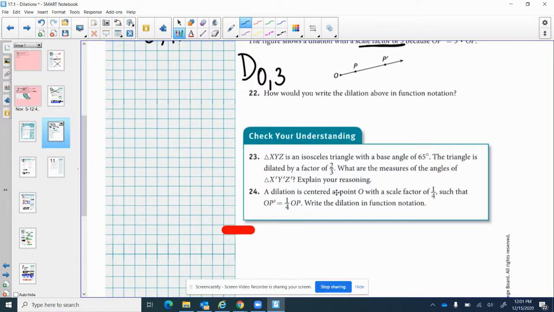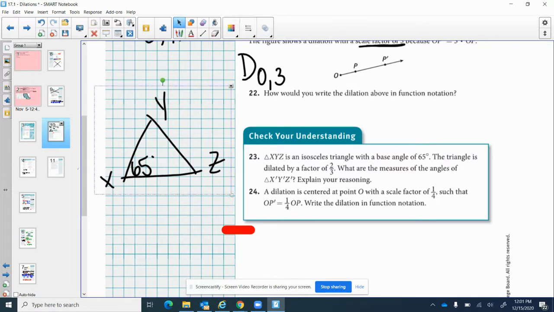So in 23, something that they're talking about with number 23 is an isosceles triangle named XYZ. And they said that the base angle is 65 degrees. And if we dilate this by a factor of 2/3, what would the other measures of the angles be?